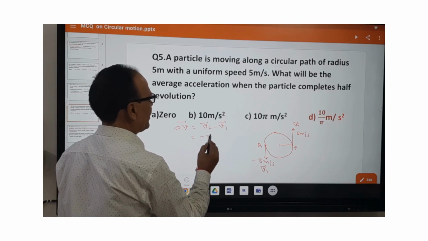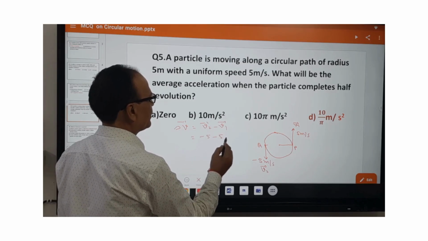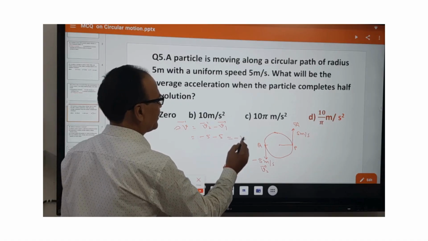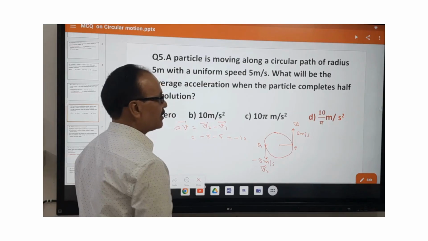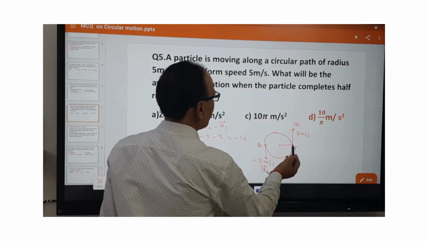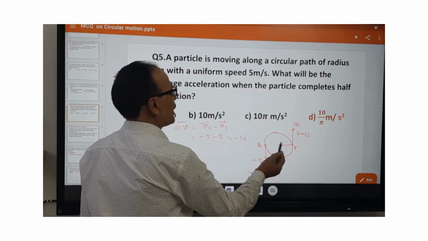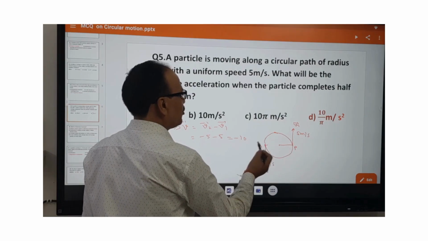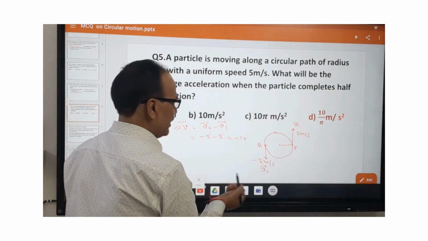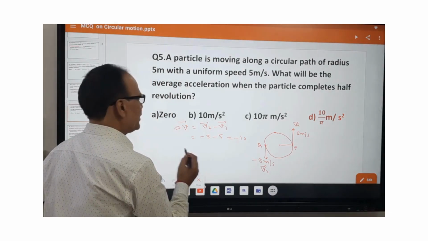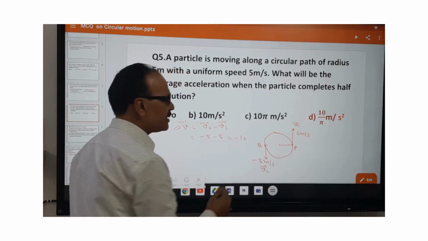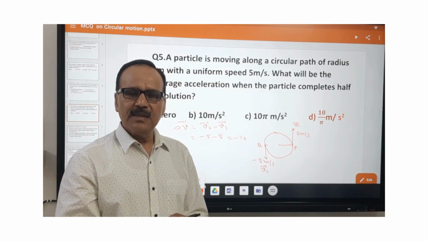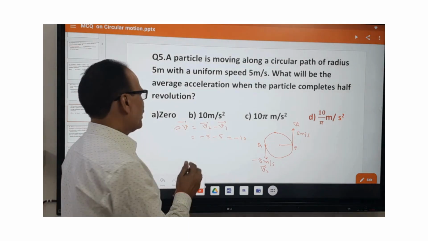So minus 5, that is minus 10. Time taken to move from P to Q. The time taken by the particle to move from P to Q can easily be calculated, because this distance PQ is half of the circumference of this circular path.